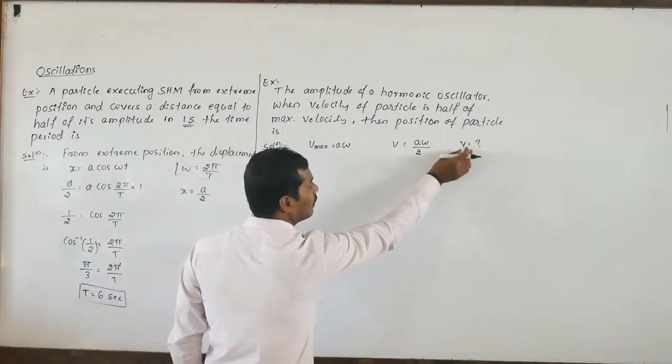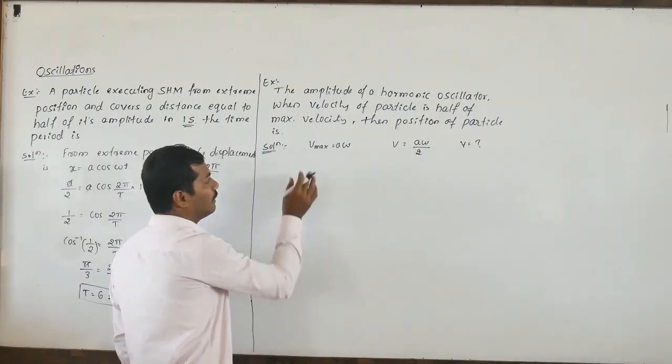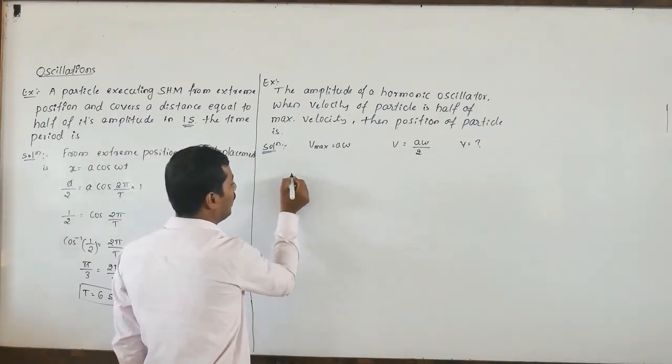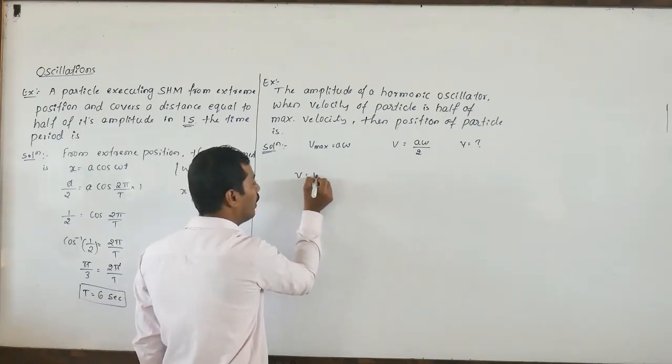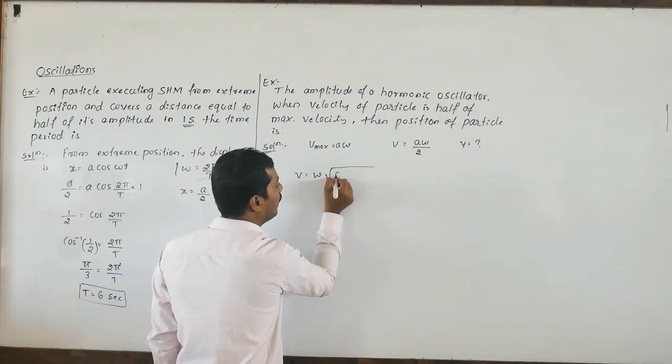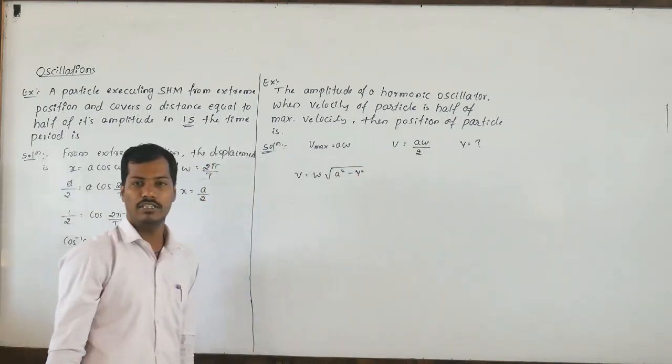We have one form here, where velocity and displacement are both there. First write the velocity equation. That velocity v is equal to omega into root of a square minus y square. We have this formula.